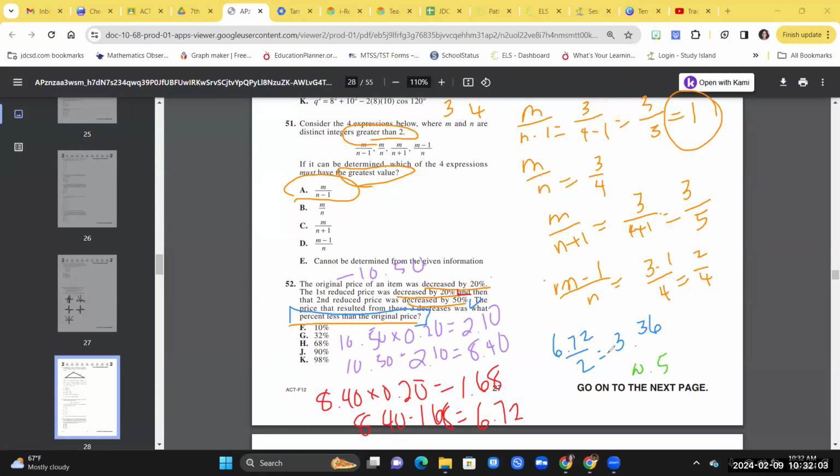I started with 1050, took away 336. I'm left with 714 less. What's the percent less? That'll be 714 divided by what I started with, 1050, which gives me 0.68. Shift 2 times, 68%.